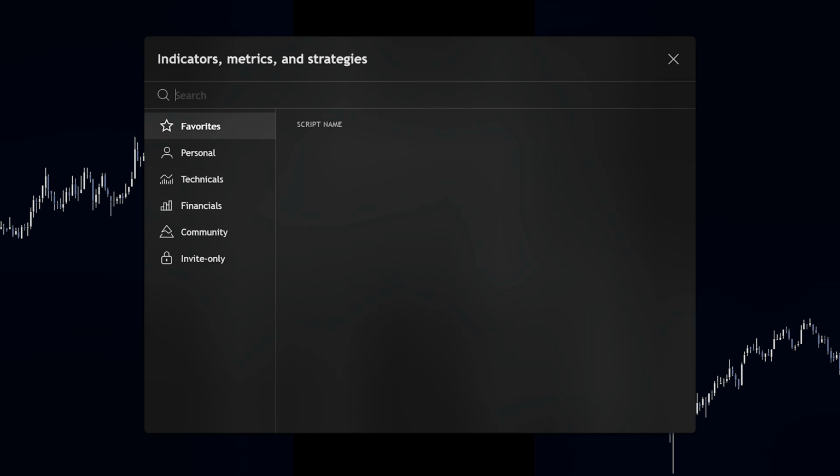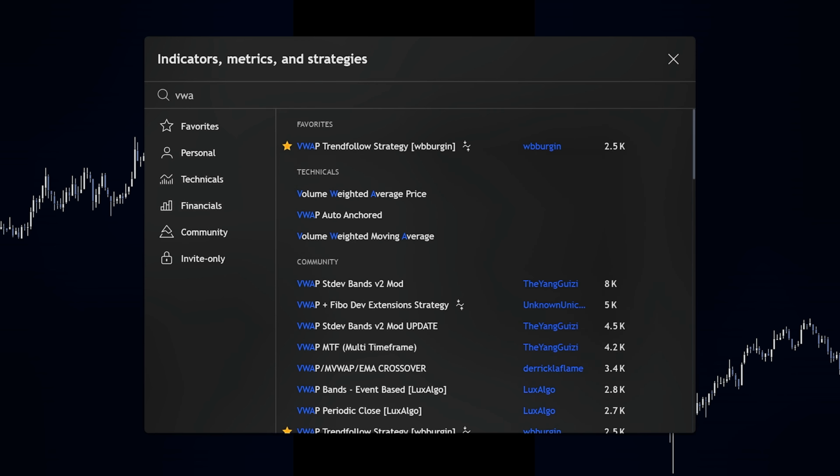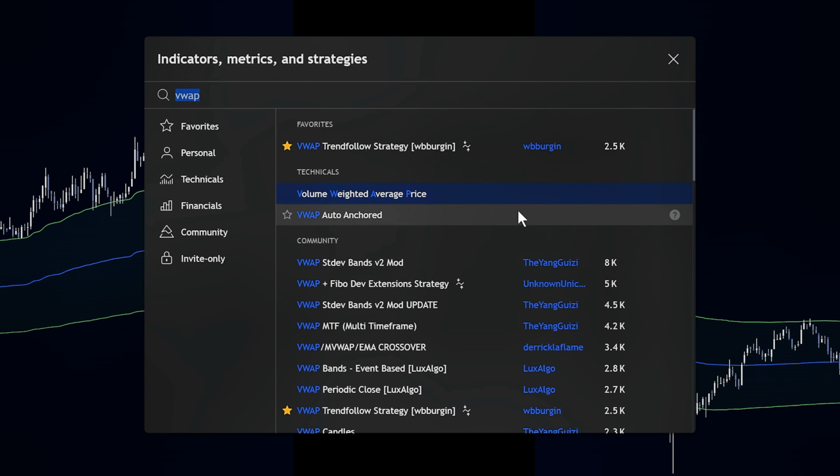All right, guys, really quickly, I'm using TradingView. If you're trading without TradingView, you're trading at a disadvantage. Now, I'm going to go over to indicators, and then I'm simply going to type in VWAP. And this is going to bring me to my technicals. I want the first one here, volume weighted average price. We click that.